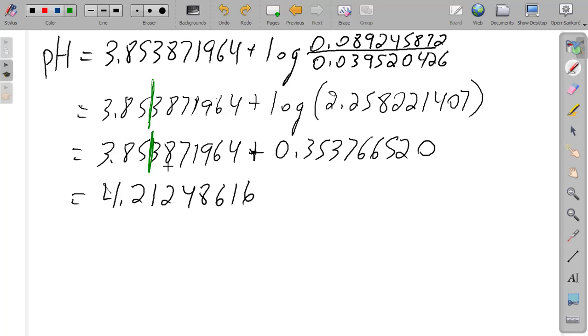That's 2 significant digits, so when I applied the log to 2 significant digits, that also gives me 2 decimal places. The final operation of addition means that you have the least number of decimal places, but they both have 2, so you must have 2 in your final answer. So the pH of that resulting solution, within significance, is 4.21.